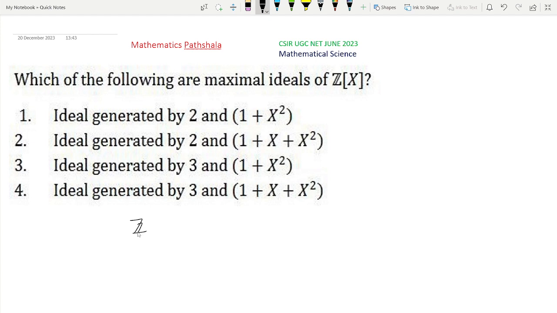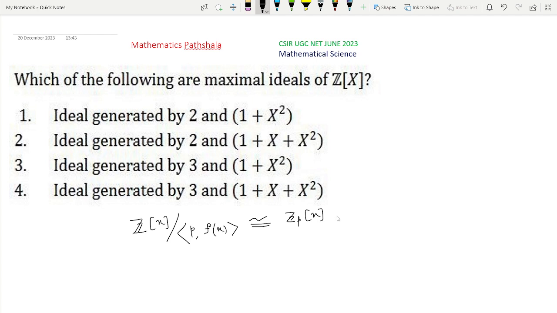the quotient ring Z[x] by an ideal generated by p comma f(x), where p is a prime element in Z[x], is isomorphic to the quotient ring Z_p[x]. Z_p is a field, since p is prime, Z_p is a field.